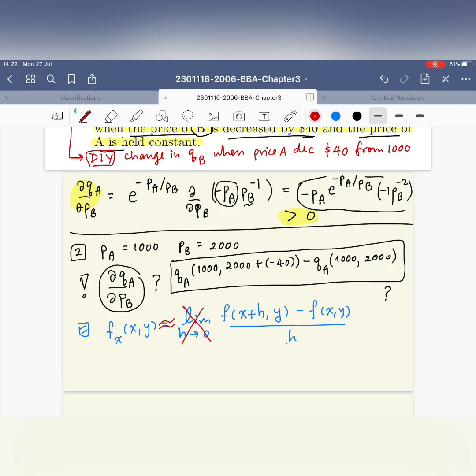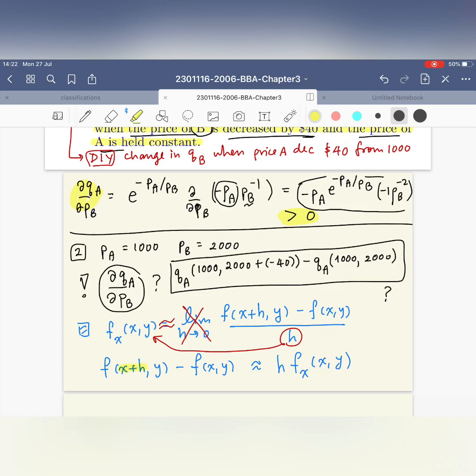As you cross multiply, f of (x plus h, y) minus f of (x, y) can be approximated by h multiplied by f sub x at this point (x, y). Here the only change is in terms of x, and that change h will reflect on the right-hand side, multiplied with your derivative with respect to x.